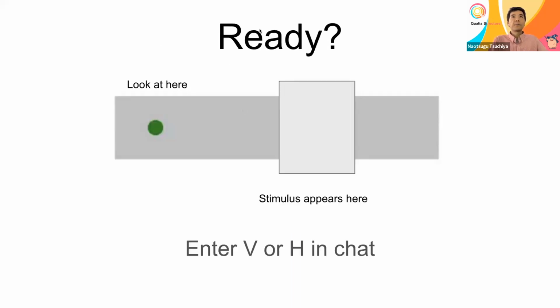So now, as a demonstration, what I'm going to ask you to do is to hold your fixation on this green dot, okay? And don't move your eyes. I'm going to show something, either a vertical or horizontal pattern around this part. Try to press V or H for vertical or horizontal in the chat box.